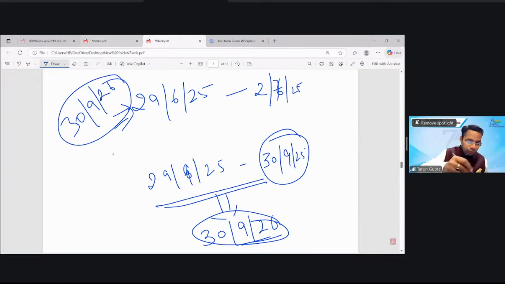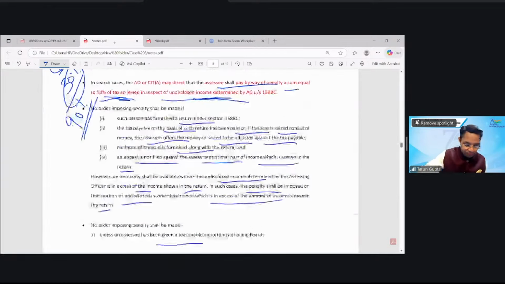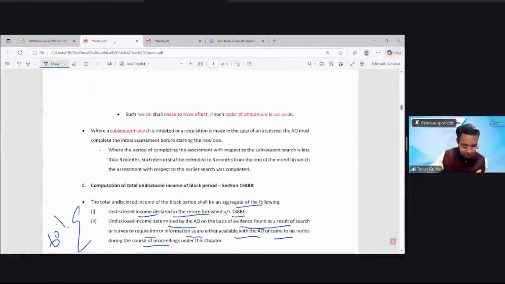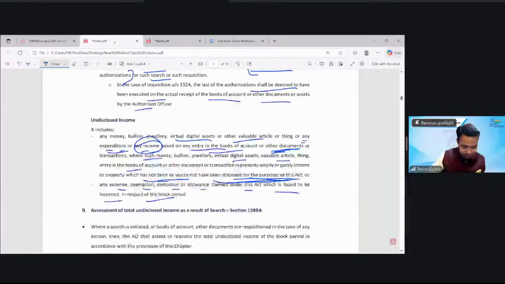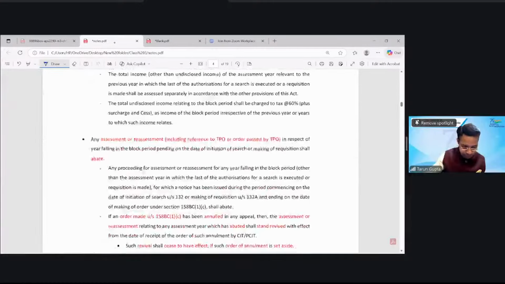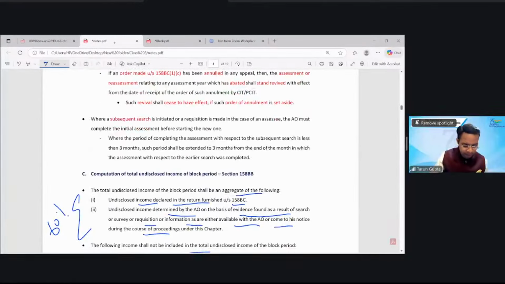So, the law says, in case of subsequent search, where the period of completing the assessment with respect to the subsequent search is less than 3 months, such period shall be extended to 3 months from the end of the month in which assessment with respect to the earlier search was completed.